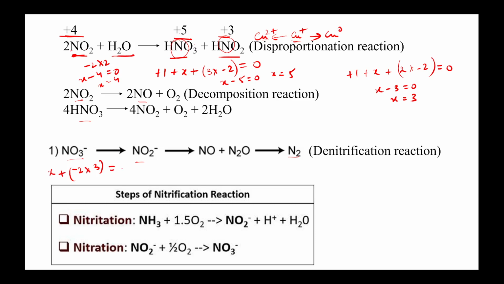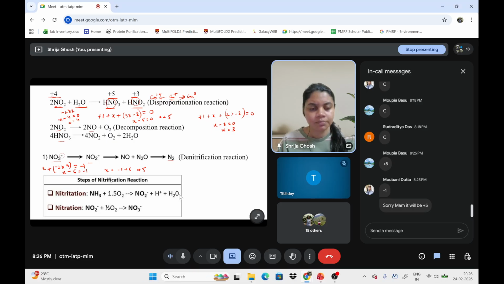This will now be equal to minus 1, not 0, because the charge is minus 1. Here the charge was 0, that's why we were taking 0. So x minus 6 is equal to minus 1. So x will be equal to minus 1 plus 6, that is plus 5. So the oxidation state of nitrogen would be plus 5.